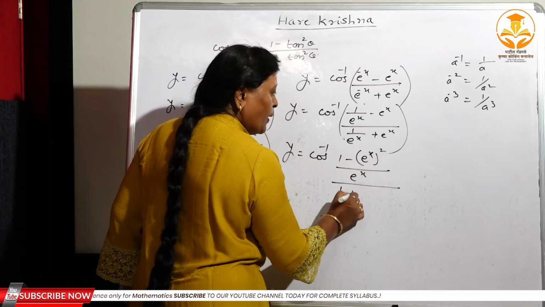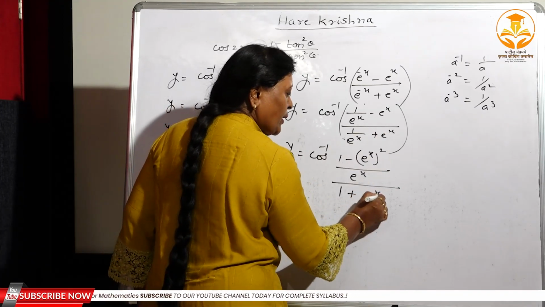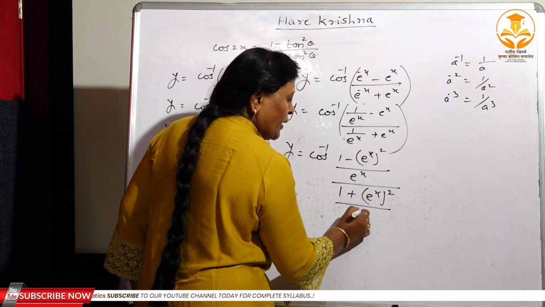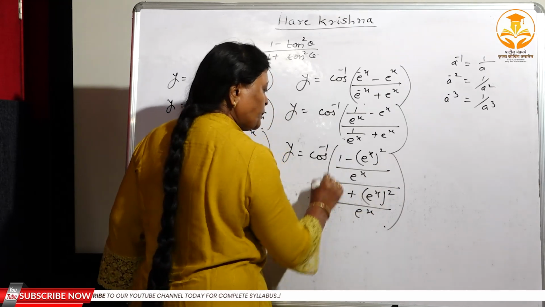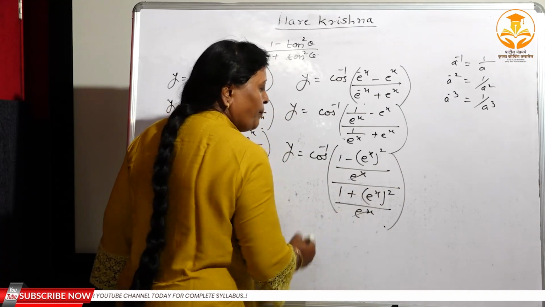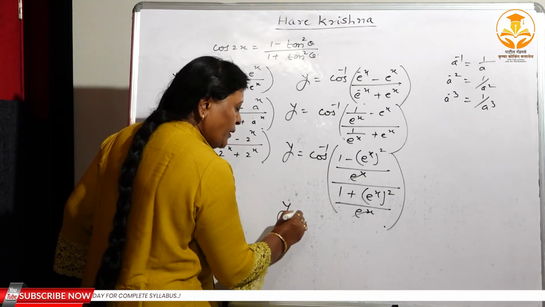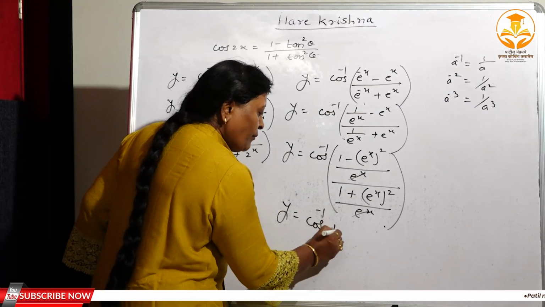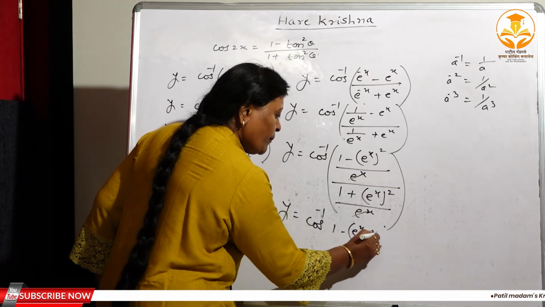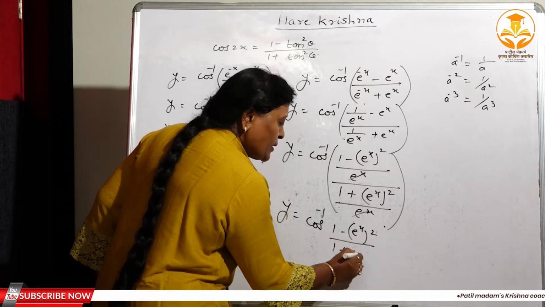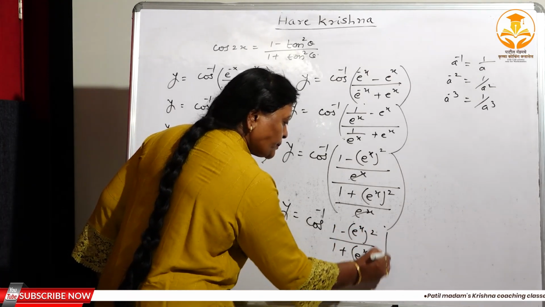Again, e raised to x gets cancelled. What remains? y is equal to cos inverse of (1 minus (e raised to x) whole square) divided by (1 plus (e raised to x) whole square).